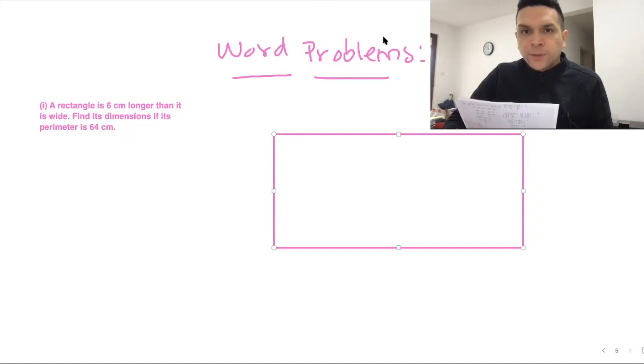Nice. So we have width here. This is the width, and this is the length.